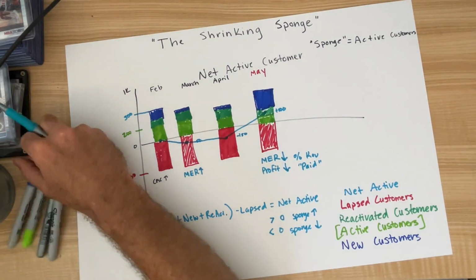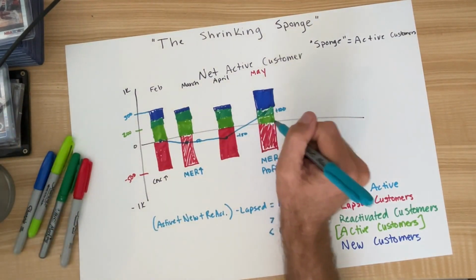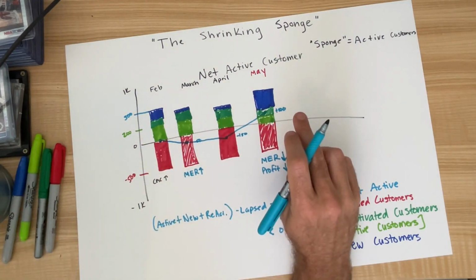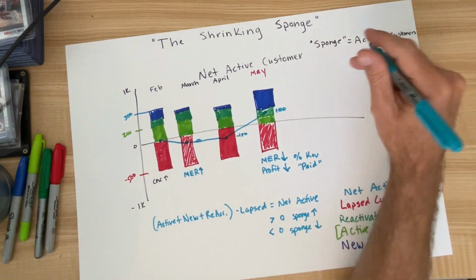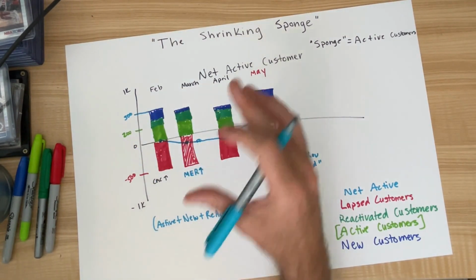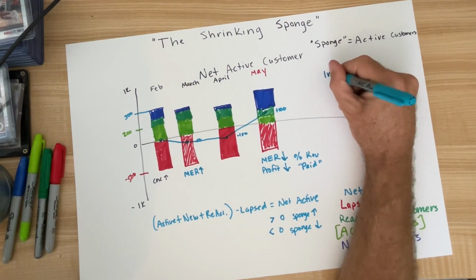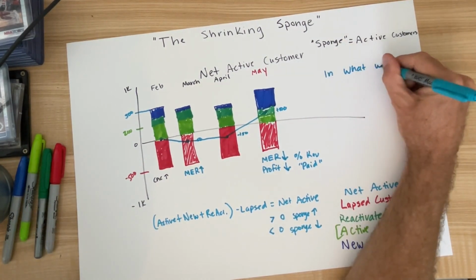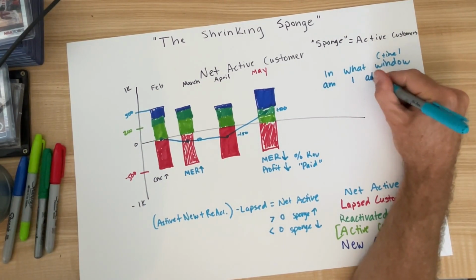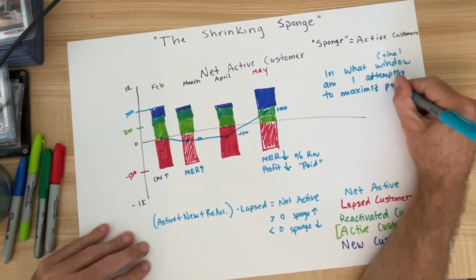This trade, this inversion of the line, is the critical investment that you have to make in order to keep pushing forward. And so the question brands always have to ask themselves to determine whether they should be growing the sponge or squeezing the sponge is this: in what window, meaning time, am I attempting to maximize profit?